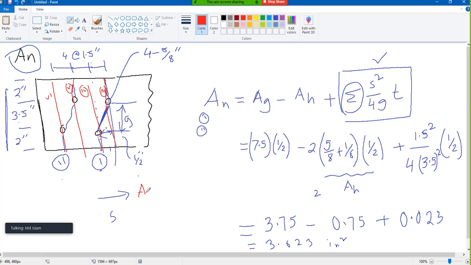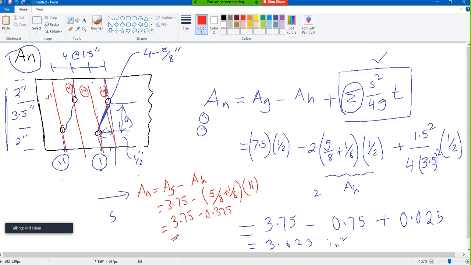So that way net area will be gross area minus hole area. What is gross area? We found 3.75. What is hole area? Only one hole. And that should be 3.375.